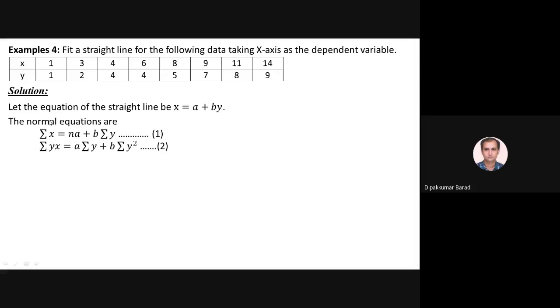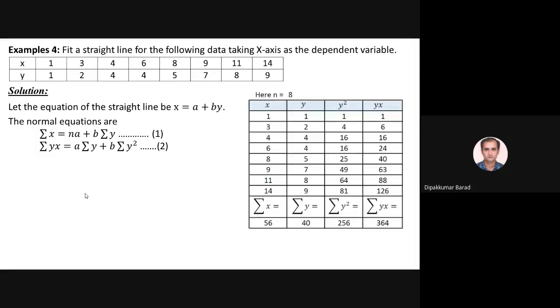Now we require summation x, summation y square, and summation yx, which I get as 56, 40, 256, and 364.